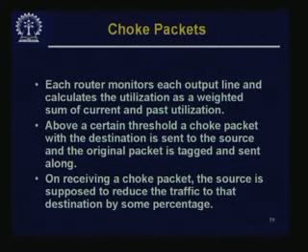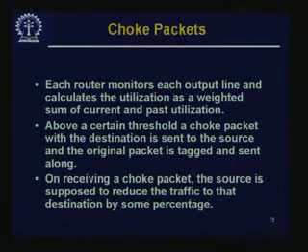One topic which we mentioned earlier, you remember the TCP/IP source quench, or sometimes something called a choke packet. This may be used as a crude mechanism for handling congestion. Each router monitors each output line and calculates the utilization as a weighted sum of current and past utilization.